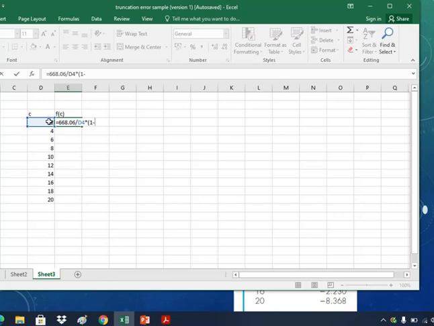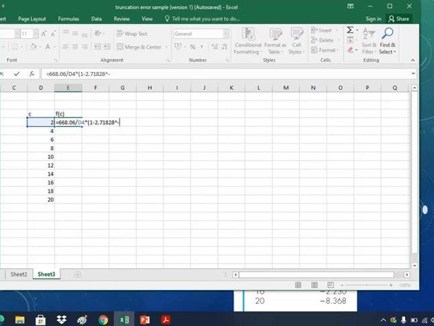So the value of e is 2.718 raised to negative c divided by m times t.